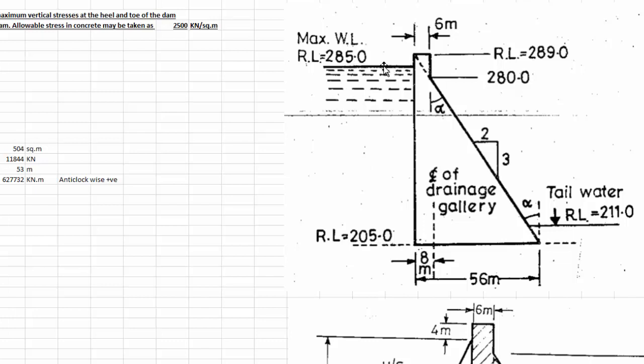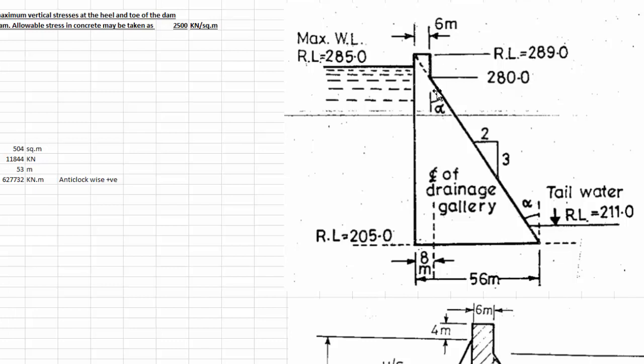At the top, or let's say the maximum water level, has 285 meters, which means that the water stored in the reservoir is 285 minus 205, which comes up to 80 meters. The total height of the dam can be calculated, because at the bottom it is 205. The maximum level here is 289, so 289 minus 205 would give you the maximum height of the dam structure.